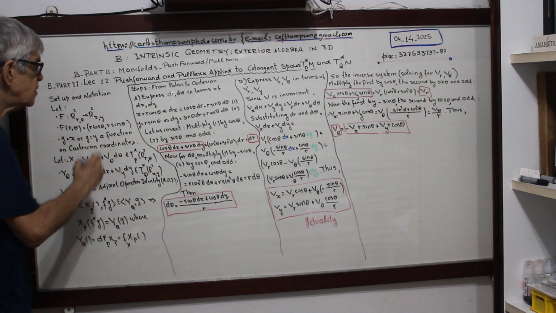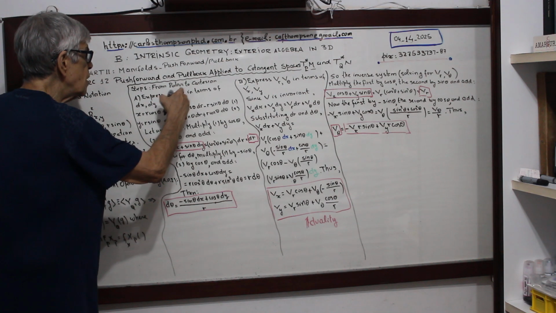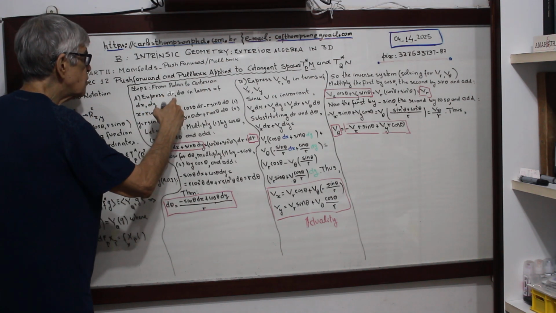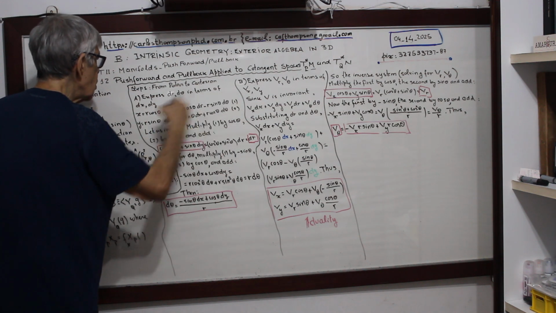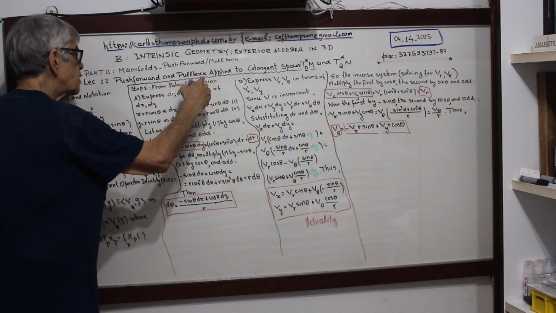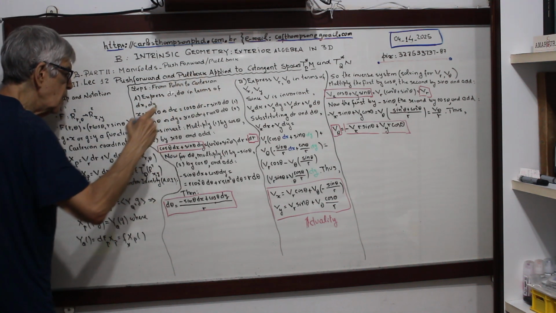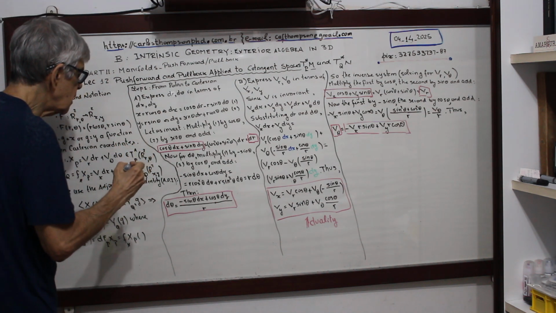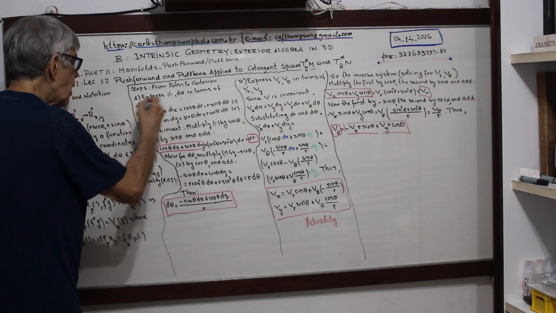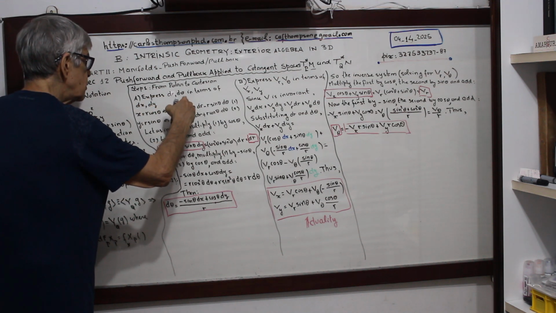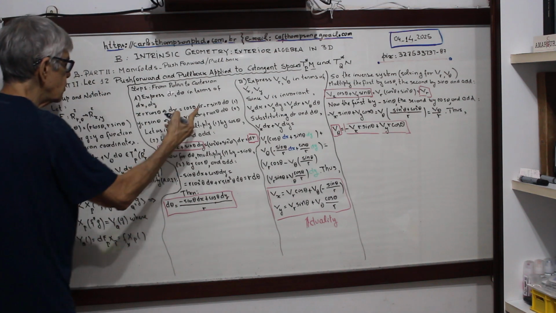Now, step 1, from polar to Cartesian, okay? Express dr and d theta in terms of x and y. You see, it's important for you to know that I will express them in terms of x and y.